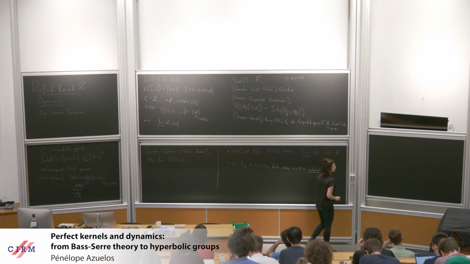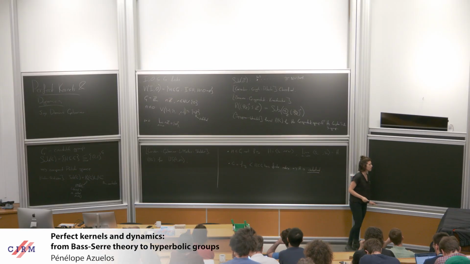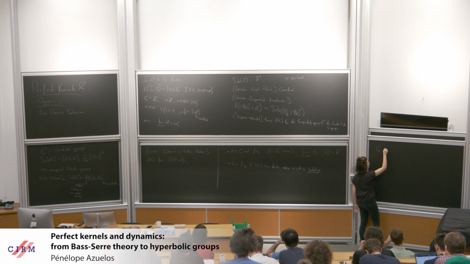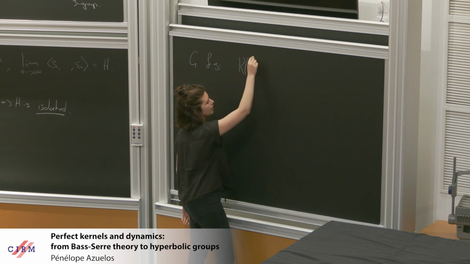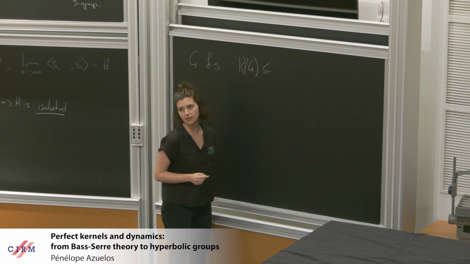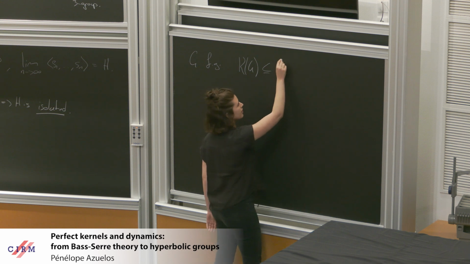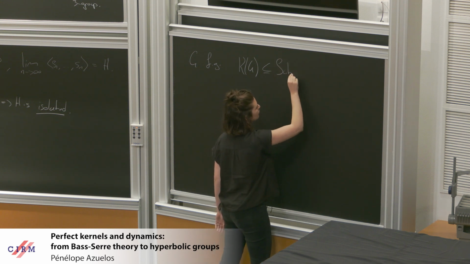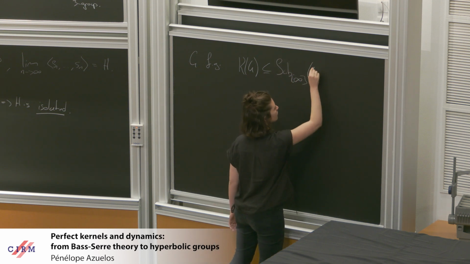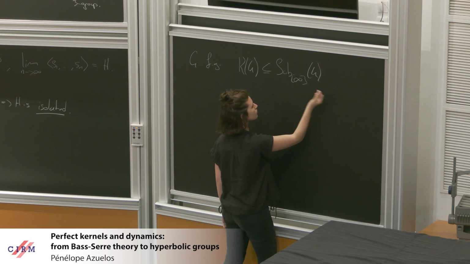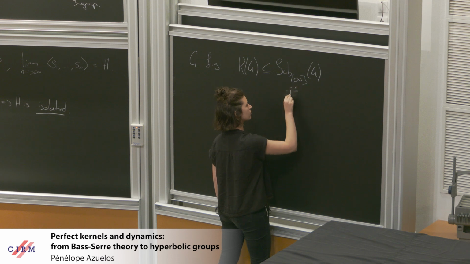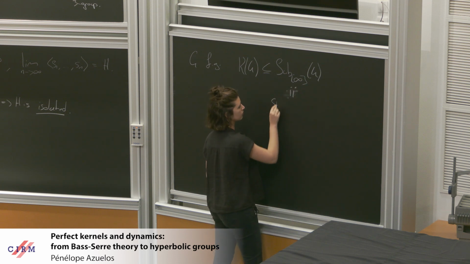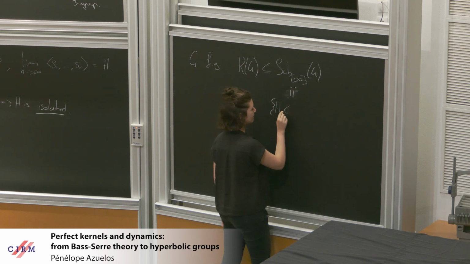So this raises an initial question. If I give you G, a finitely generated group, well, straight away we know that its perfect kernel is necessarily contained in the set of infinite index subgroups, which I'll denote like this.